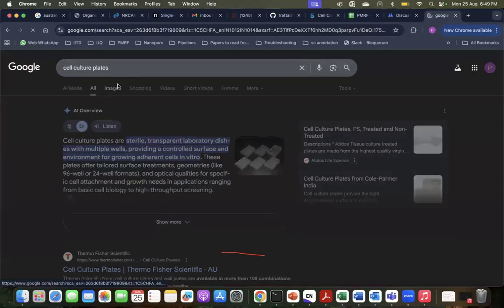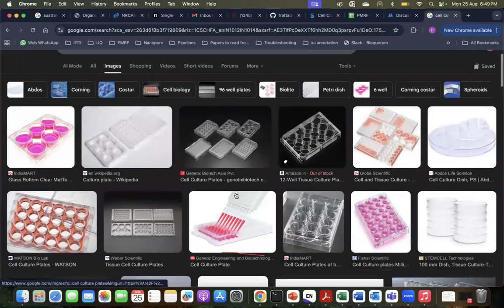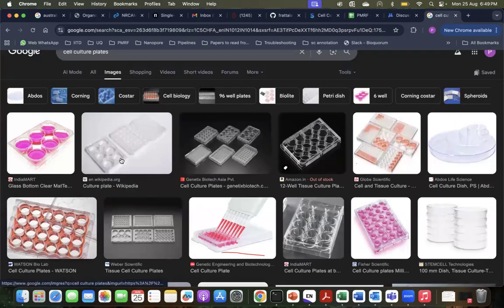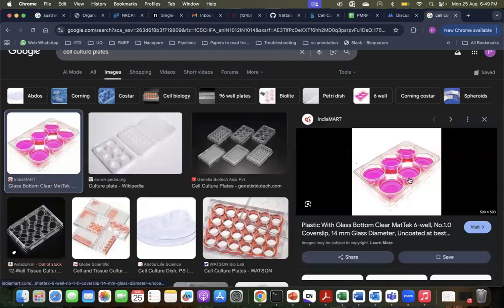So if you look at this, you can see there are different sizes of these wells. We'll just take this example. This is one of the most common things you'll see. There's a plate, and there are these six or whatever number of wells, and you're filling them with some sort of colored liquid, and it is inside these plates that the cells are grown.